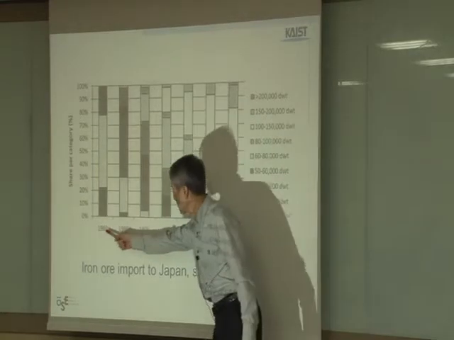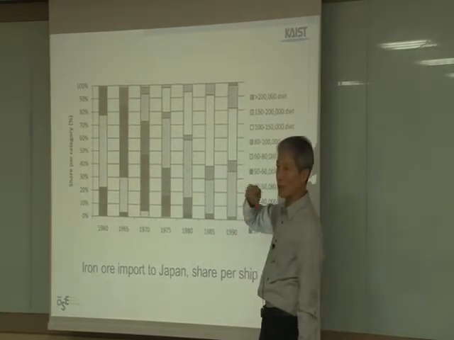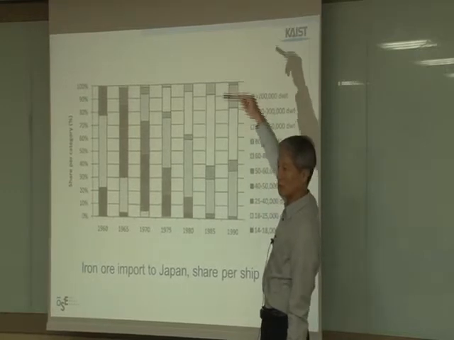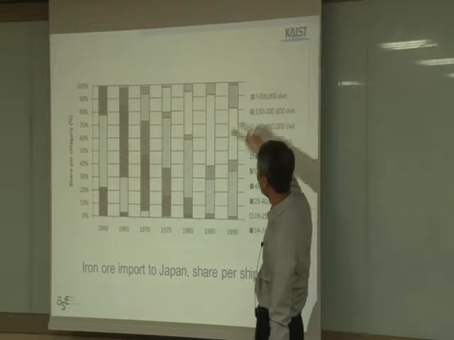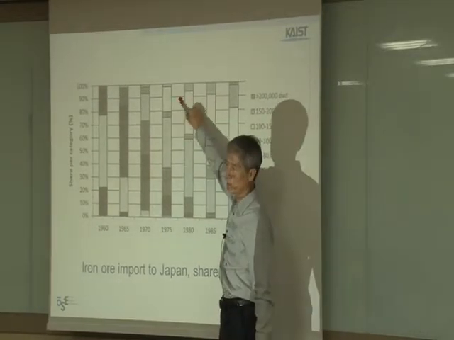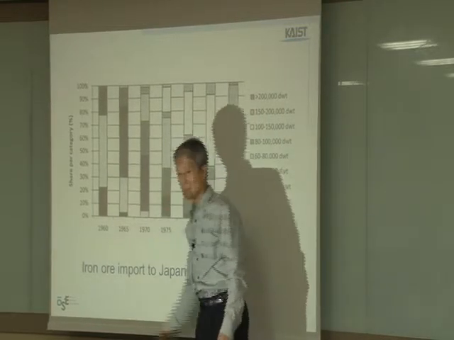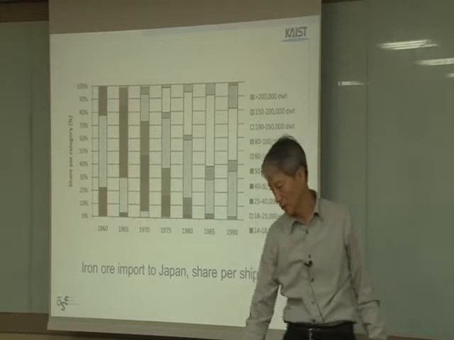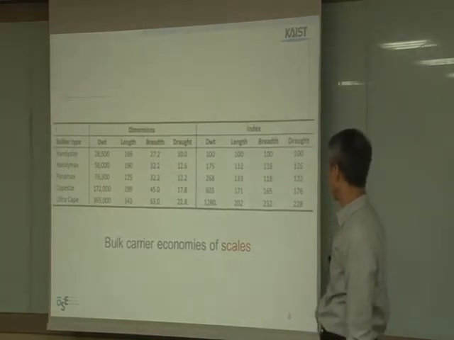Over the years from the 60s, 70s, to the 90s, when Japan grew fast and industrialized, the bigger ships took more portion in the late stage, and bigger ships came compared to small ships in the beginning stage. There is the economy of scale. Bulk carrier economies of scale, right?